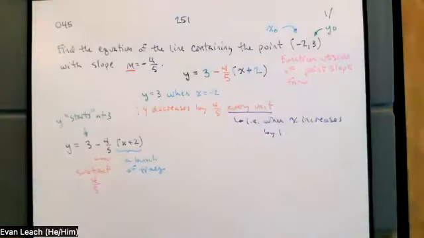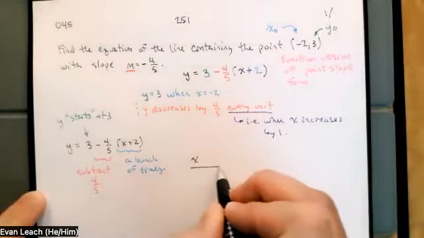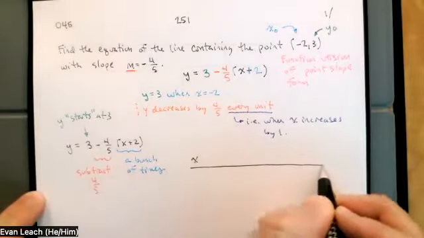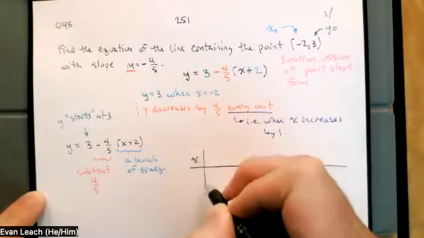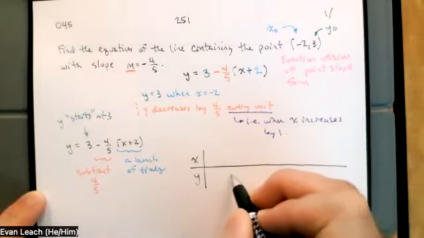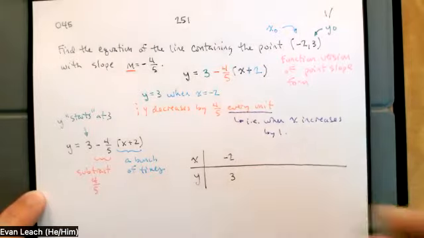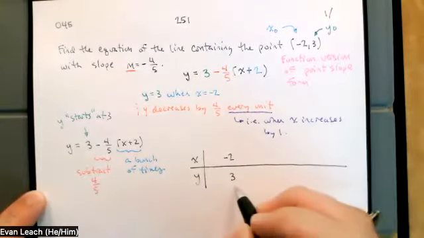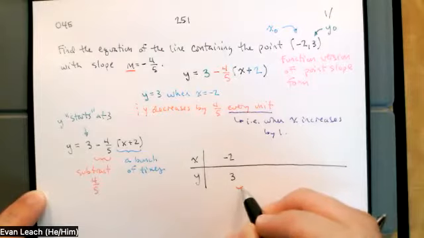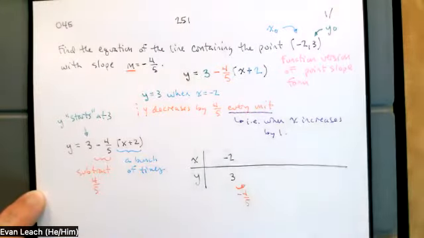If I was going to build a table of values, y is 3 when x is -2, and we subtract 4/5 a bunch of times.